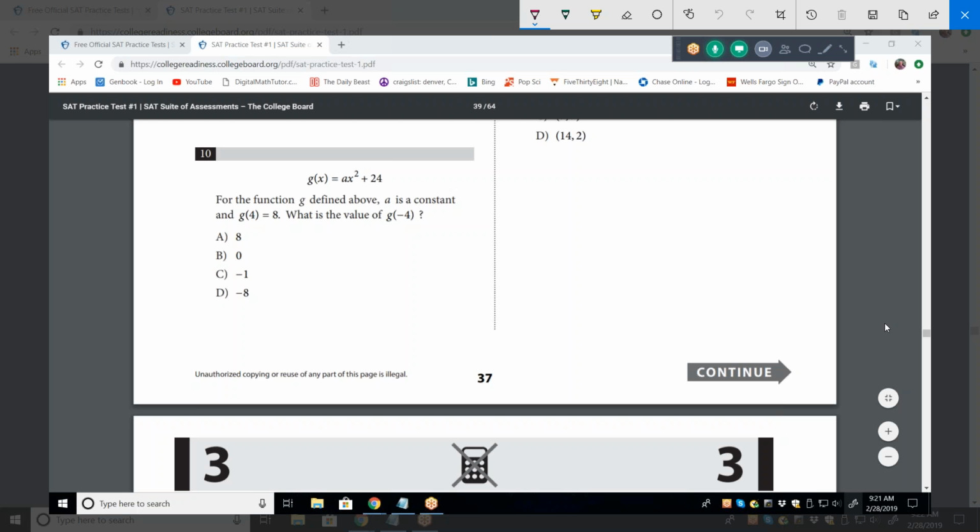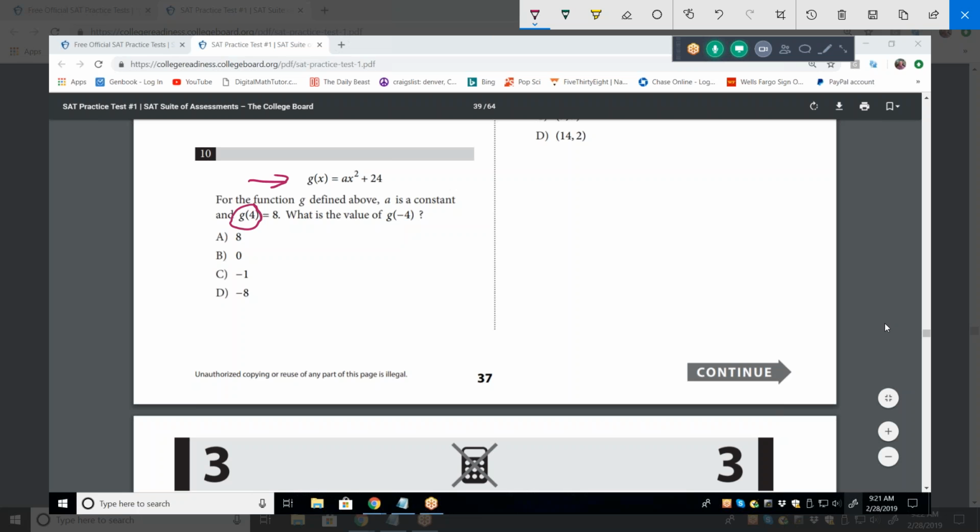All right, number 10. What does it mean when they say, what does G of 4 mean? There's our function.